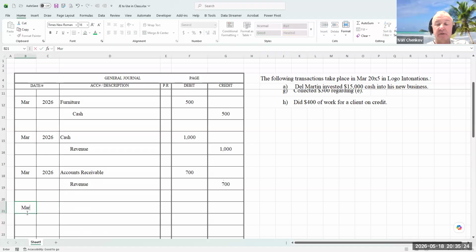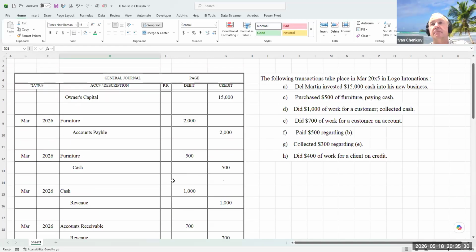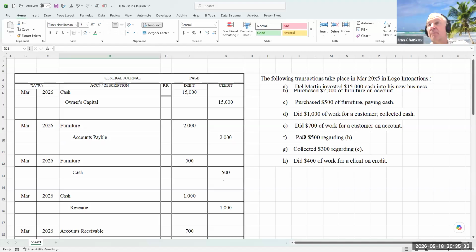This should be March, and this will be 2026. So what happened now on the debit side? Before we pay, we have accounts payable. If I want to decrease that accounts payable and we pay with cash, obviously we have to pay with cash. So if I decrease the accounts payable, on which side am I decreasing it, debit or credit?